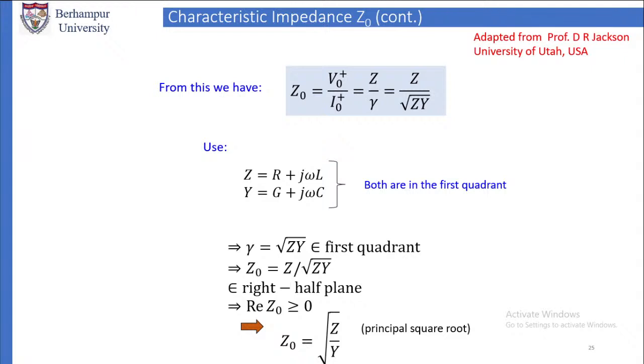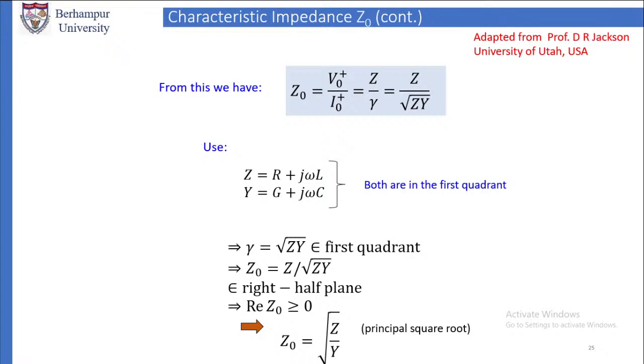You take the principal square root. Gamma is equal to root ZY, that is in the first quadrant. Z0 is equal to Z by root over of ZY. So that belongs to the right half plane, and therefore real part of Z0 will be greater than or equal to 0, or Z0 is equal to root over of Z by Y, which is the principal square root. We are taking the principal square root.